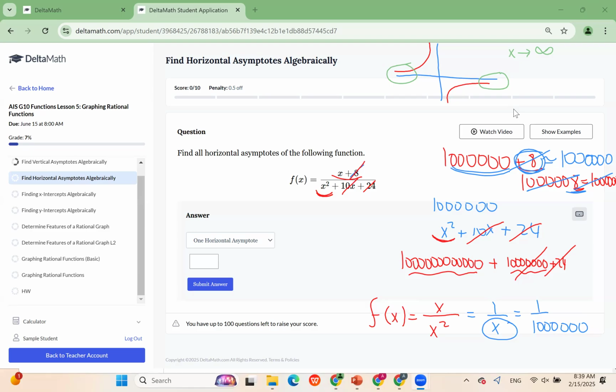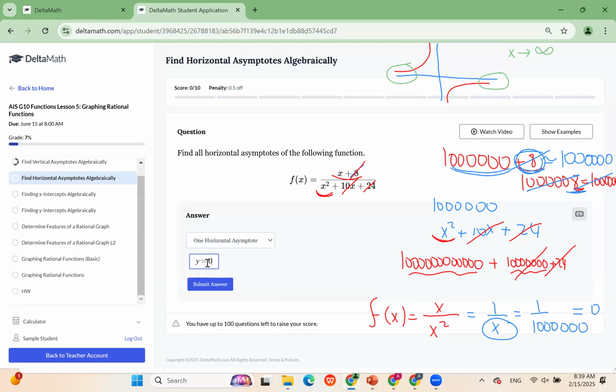Almost nothing, because you're dividing 1 by a huge number of people. So this is equal to 0. So the end behavior of the function is equal to 0 because you have 1 in the numerator and 1 million in the denominator. Therefore, we have one horizontal asymptote with y equals 0.